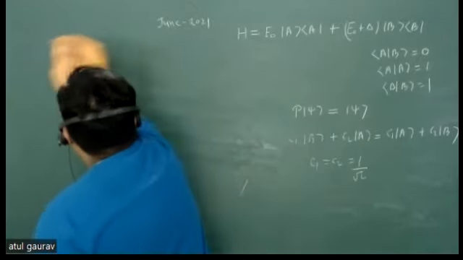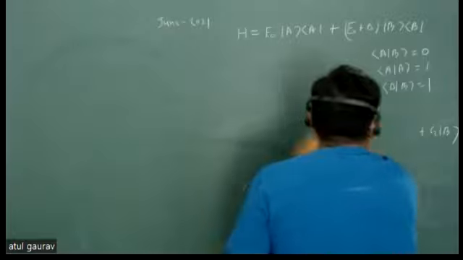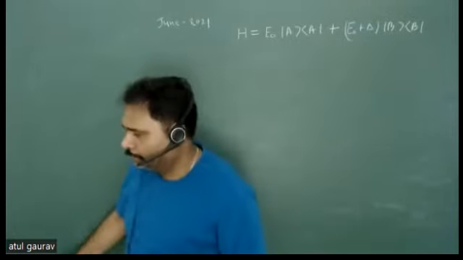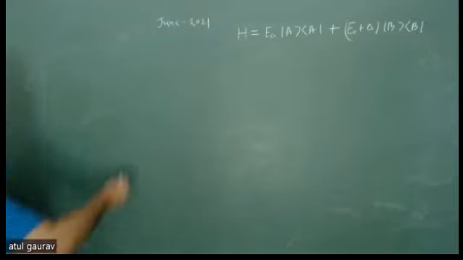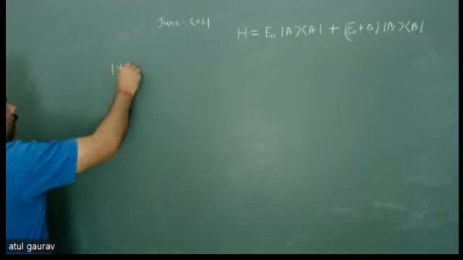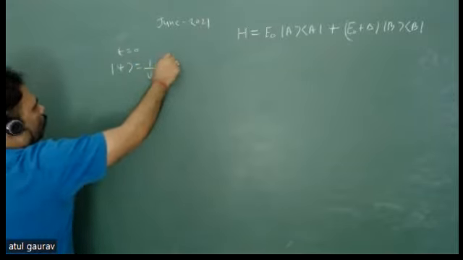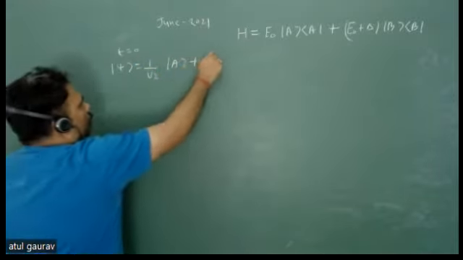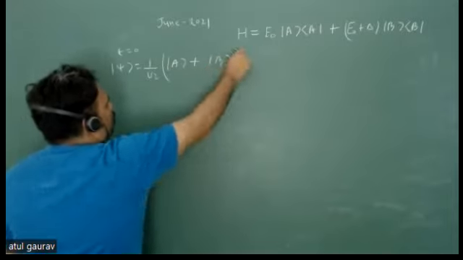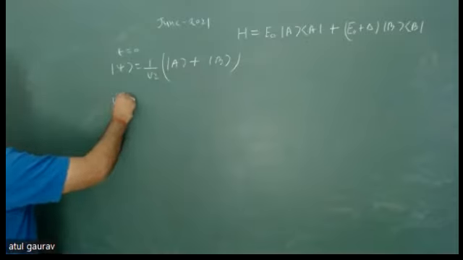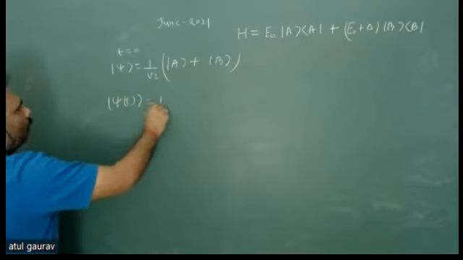So what we have now is psi at t equal to 0, 1 by root 2 (|a> + |b>). This is my psi at t equal to 0. And we have psi after time t according to my postulates.